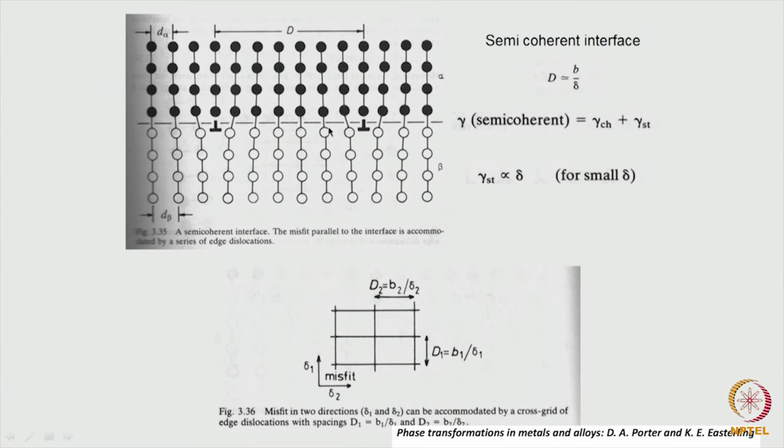Not only that, at some particular sizes, dislocations will be punched out at the interface, which we call misfit dislocations. The shape change we can calculate also, depending upon what the misfit is going to be in the two directions, assuming this interface to be a simple cubic type of lattice. One can find out the misfit in these two perpendicular directions, and once we know the misfit, we can find out the separation between the dislocations also.